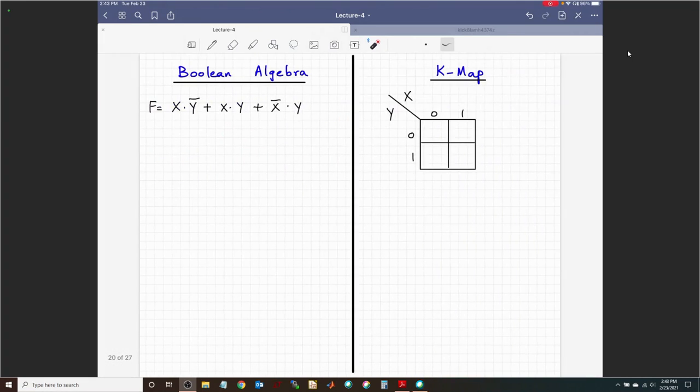Okay, so now let me try to discuss a very important connection between Boolean algebra and K-map. This is sort of your backup whenever you get into trouble with Boolean algebra, right? Sometimes you might get into a situation where you're not seeing the next step in Boolean algebra.